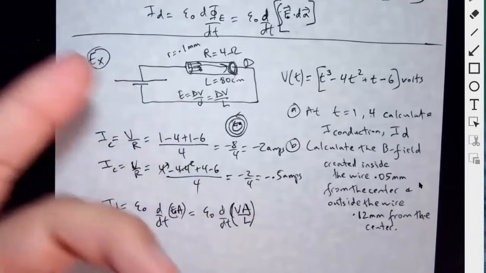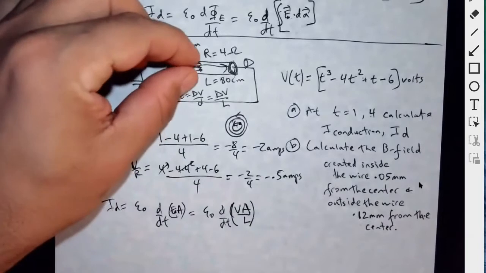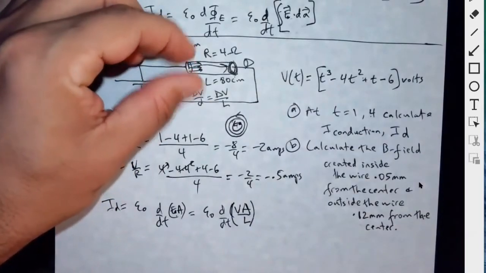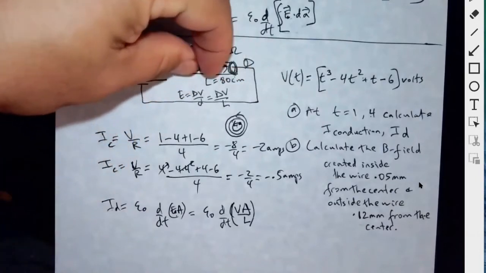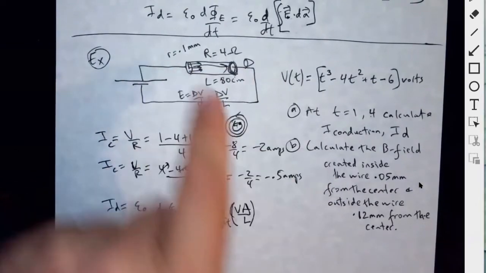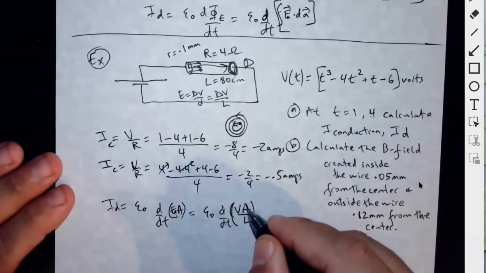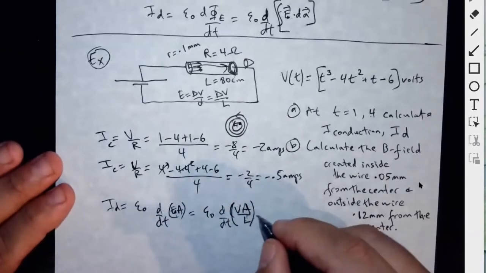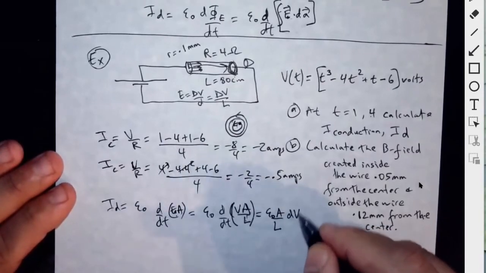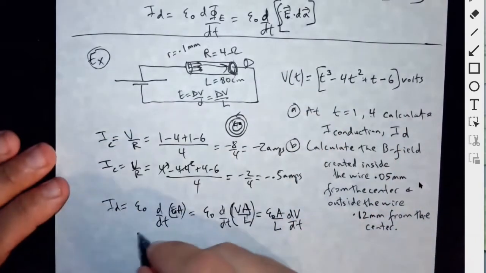One of the three has to be changing in order to create displacement current. Either you should be making the area bigger, or smaller, or you should be squeezing in the wire, or you should be changing the voltage across the wire. Any of the three would work, any three-way. So in our case, area and the L are constant. And then you just have dV dt. Okay, then you take the derivative of that.